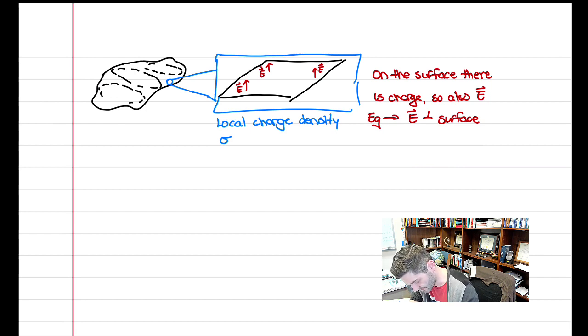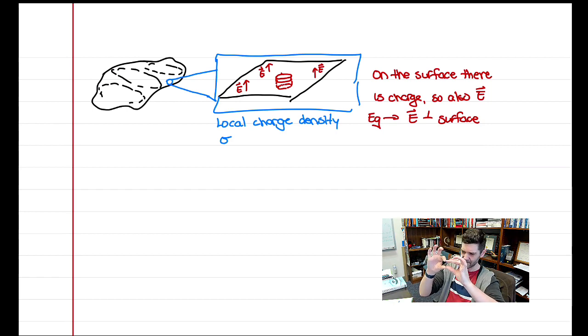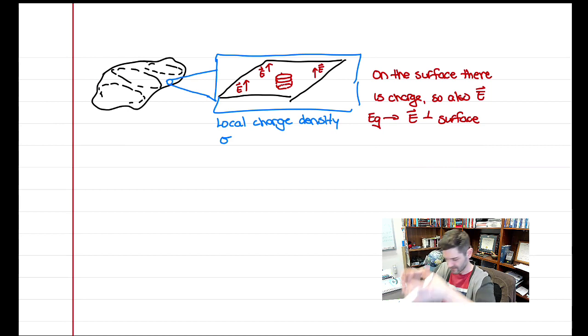We could then do this by a Gauss law argument. So I could draw a little cylinder that has a tiny little bit of height, then it goes down and pierces into the surface, and then underneath the surface there's the rest of the cylinder. Essentially, just a tiny little pillbox that has some kind of cylindrical side, but then two flat tops.